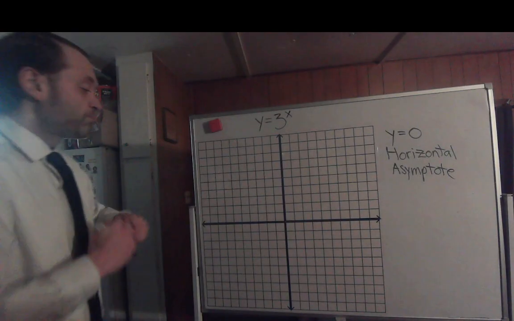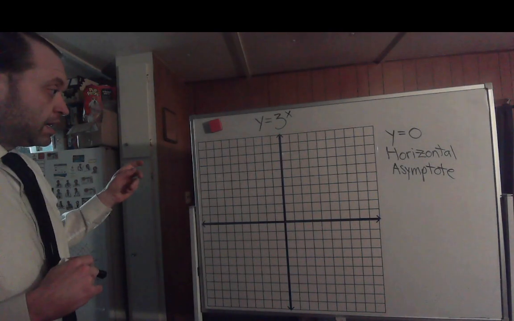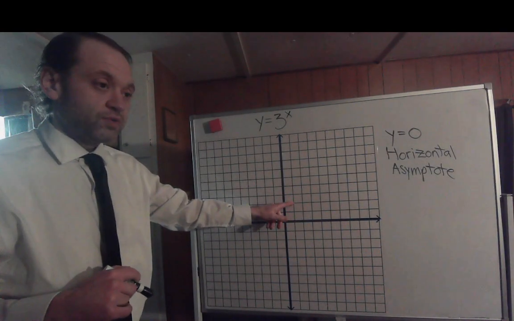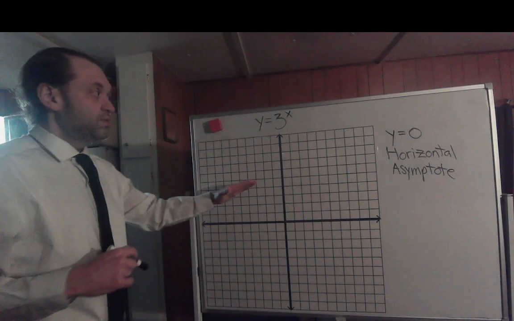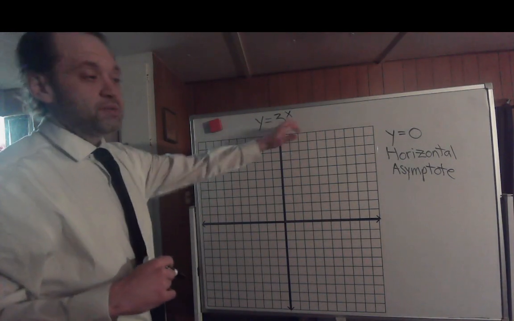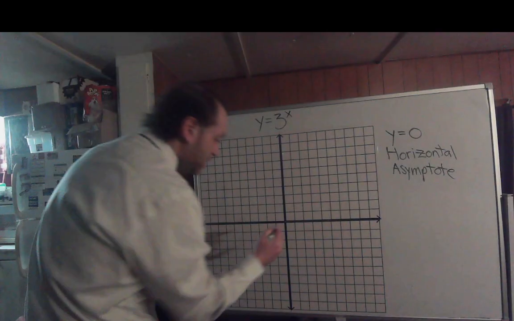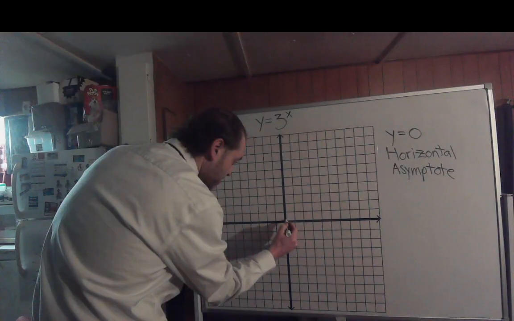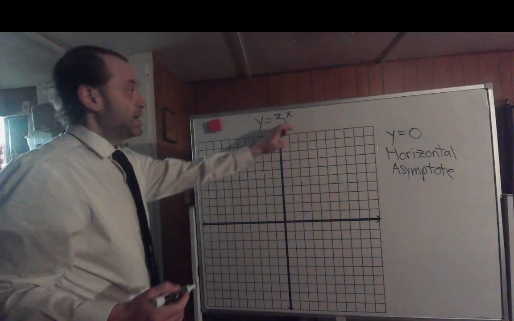Actually, let's make each unit worth 3 units, right? Let's do that, because I'd like to go up to x to the third. So we'll say, yeah, it's going to be 1 still, right? 0, 1.